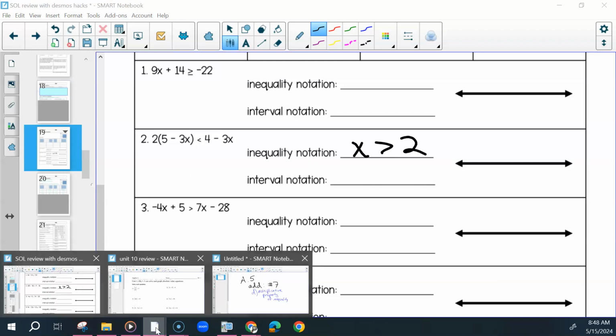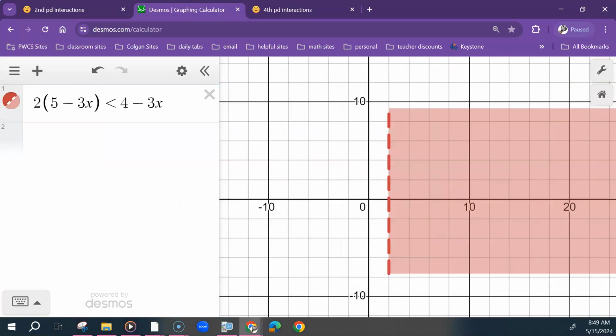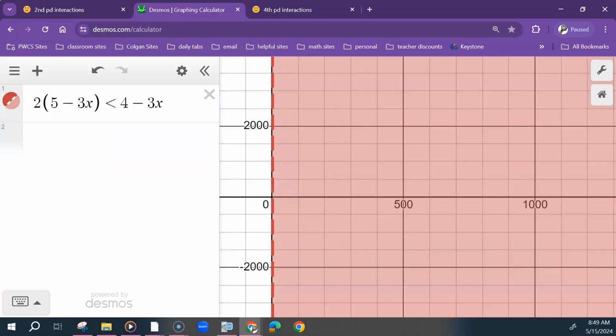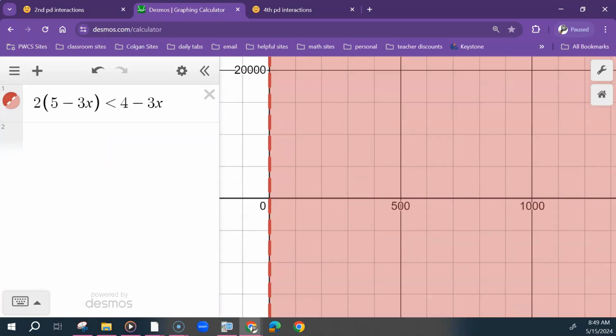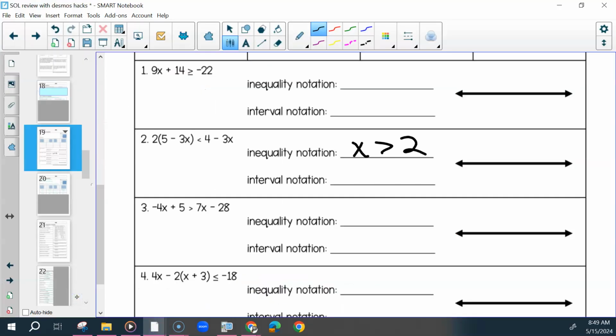So we're starting at 2, and then if you were to zoom out, you can see this keeps going on and on forever and ever. So it starts at 2 and goes to infinity. This is open or dotted, so parentheses, 2 to infinity, and that would be at 2 open to the right.